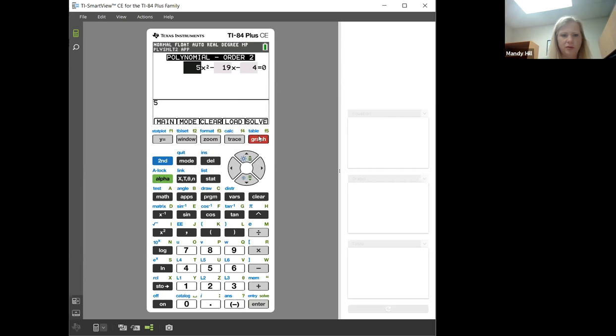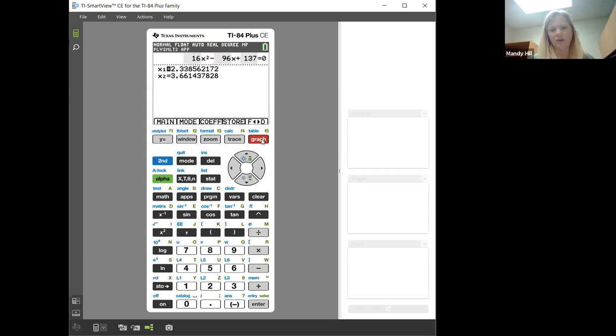So the problem was 16z squared, which we're still going to use x, and then it was minus 96x, and then it was plus 137. Okay, now hit solve. Okay, now you'll notice that these right here are kind of not what we had in mind, right? We don't want decimals like this.